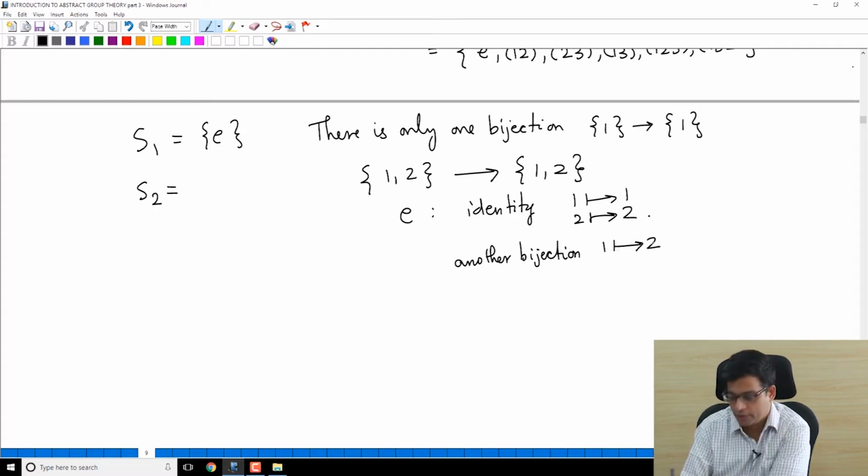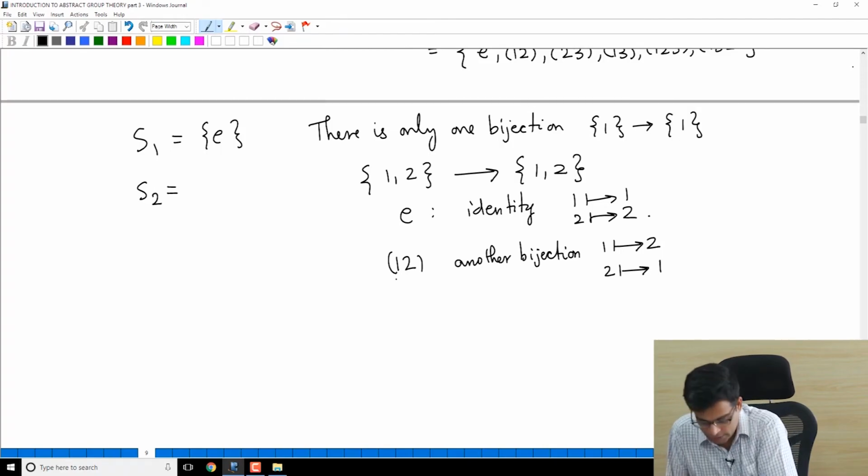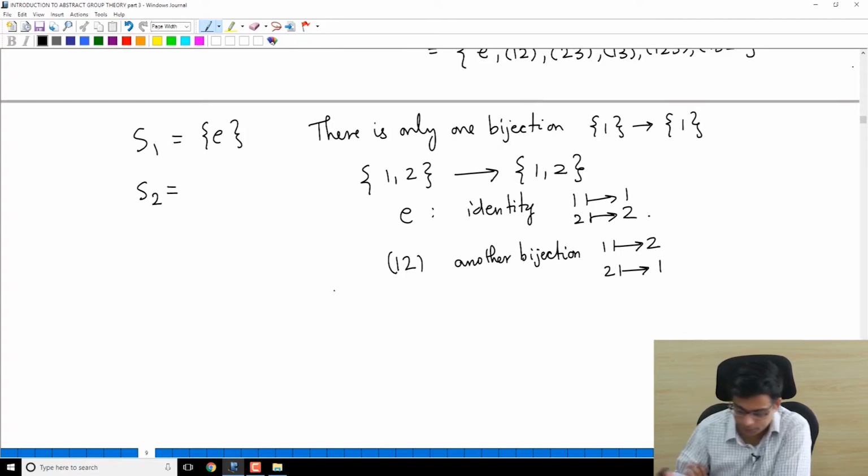In order to be different from this, 1 must go to something different from 1. So 1 goes to 2 and 2 goes to 1. Let's call this (1 2) following our notation. I'm going to recall this again for you later in the video. (1 2), remember, is the bijection that sends 1 to 2, 2 to 1. And there are no other letters here. So it is just E and (1 2).